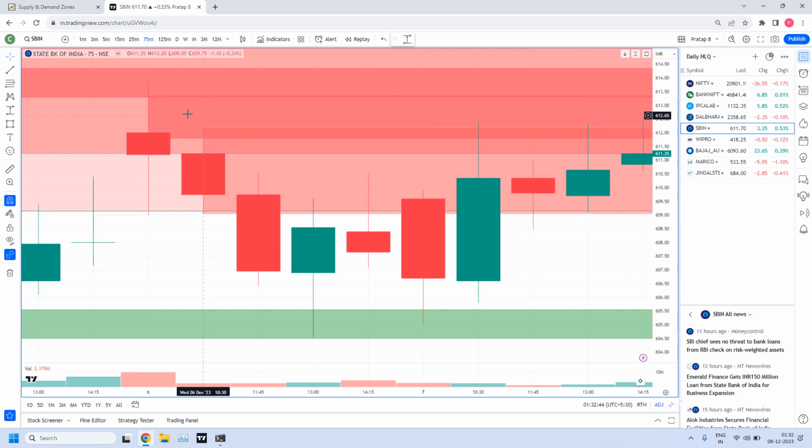And this is acting as a trap, because if anybody is focusing only on this 75-minute zone, because it is violated, people exit, let us assume, because their stop loss is hit. But all these stop loss exit orders, that is long orders, are captured by this 5-minute supply zone. That's why this also acted as a trap, a bull trap.